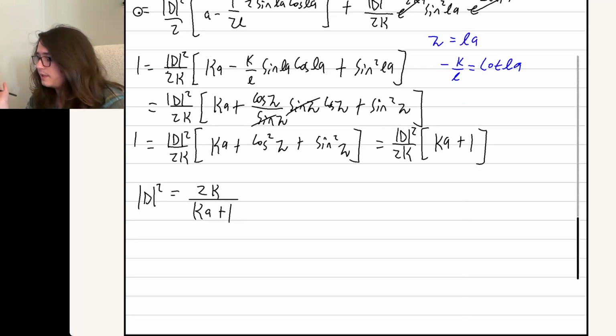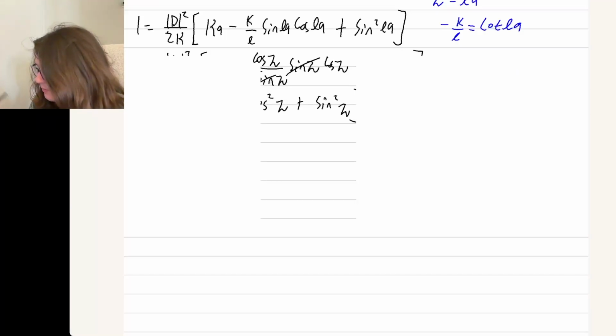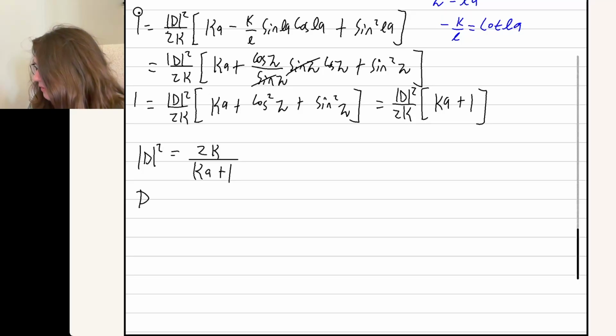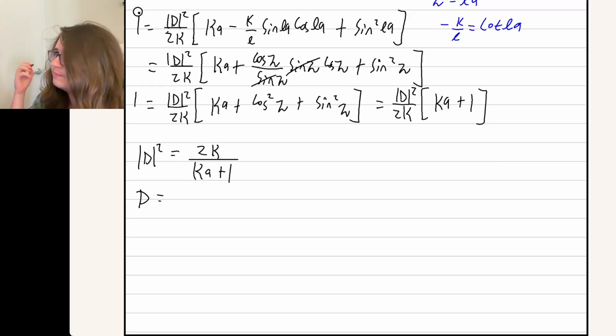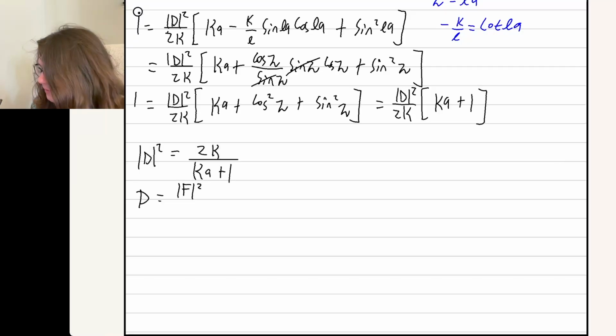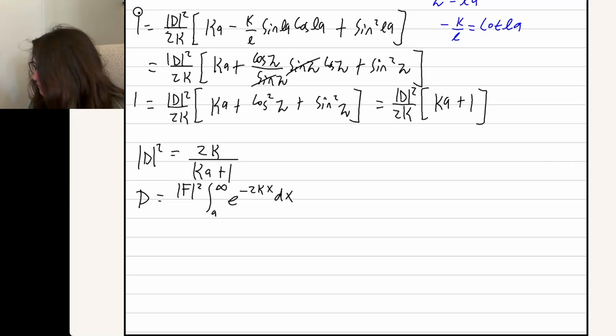Now that it's normalized, we can go back to the probability, which is going to be the integral of the mod squared of psi from a to infinity. So again, that's just mod squared a to infinity e to the minus 2 kappa x dx. We already know the result of that integral.